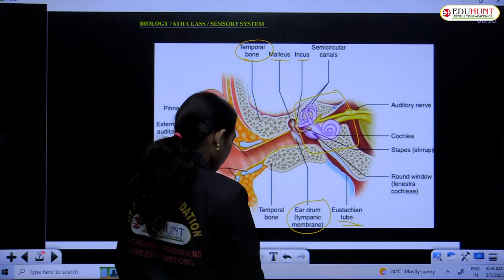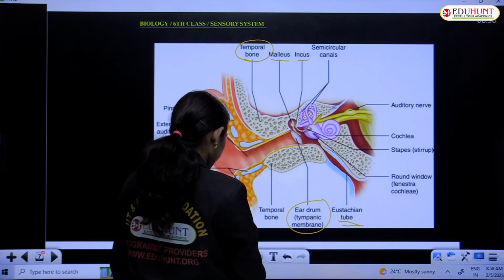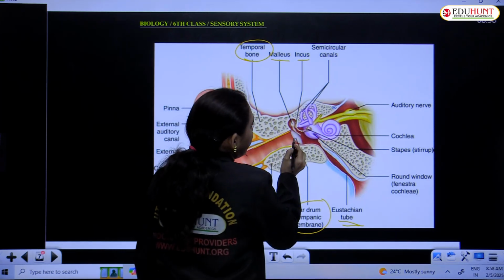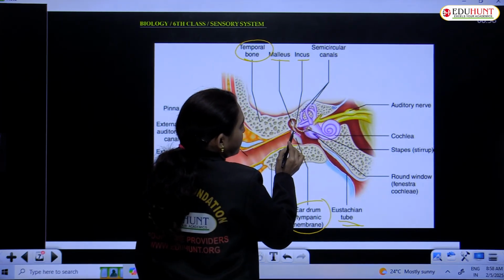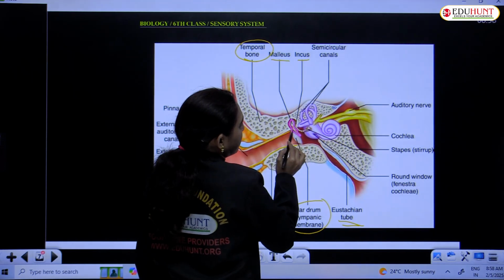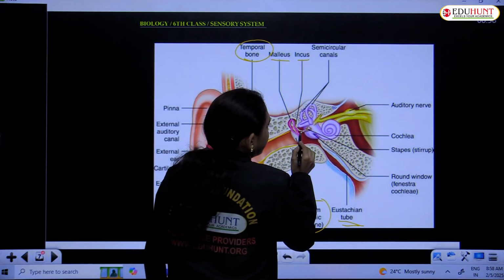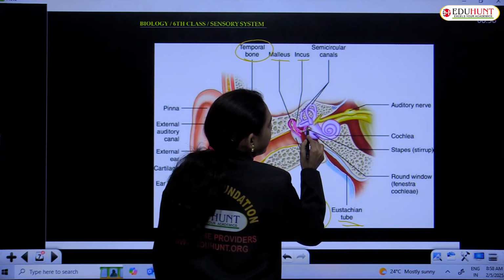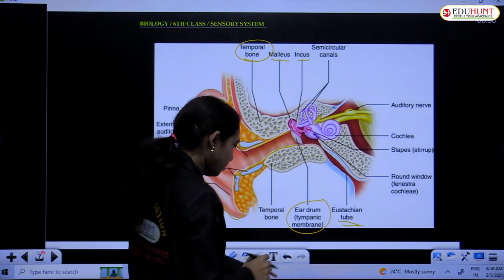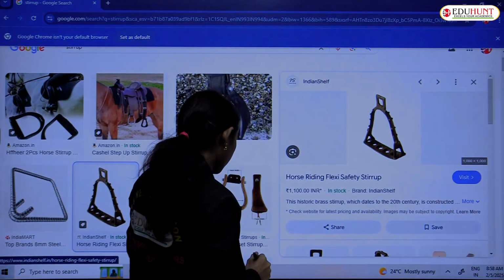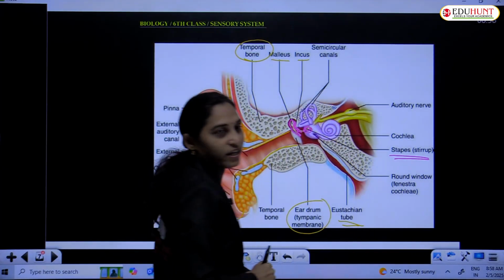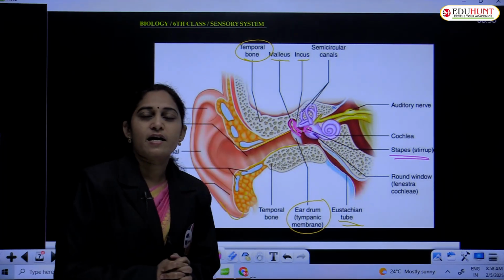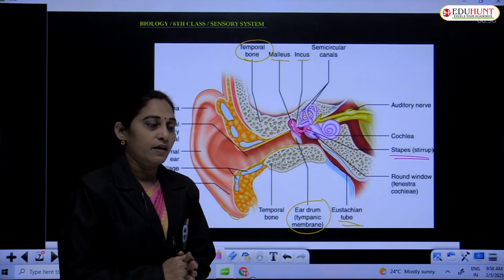You can see here the hammer shaped malleus, this anvil shaped incus, and the stapes in this shape, also called the stirrup. Okay, these are the three ear ossicles present like a chain.